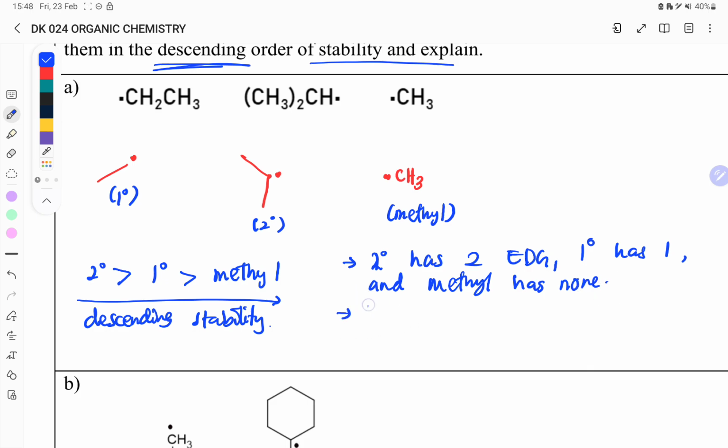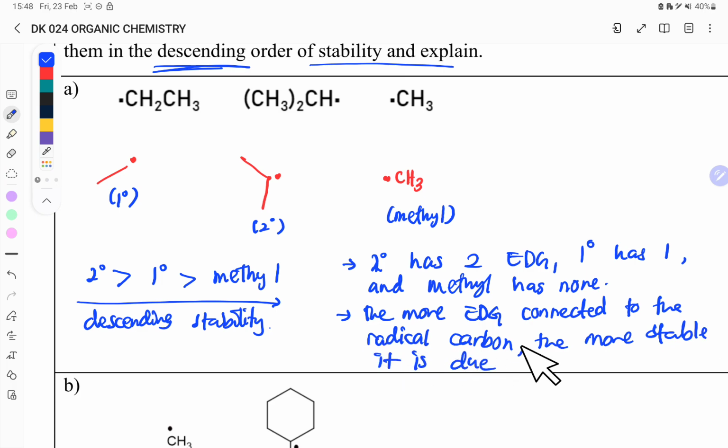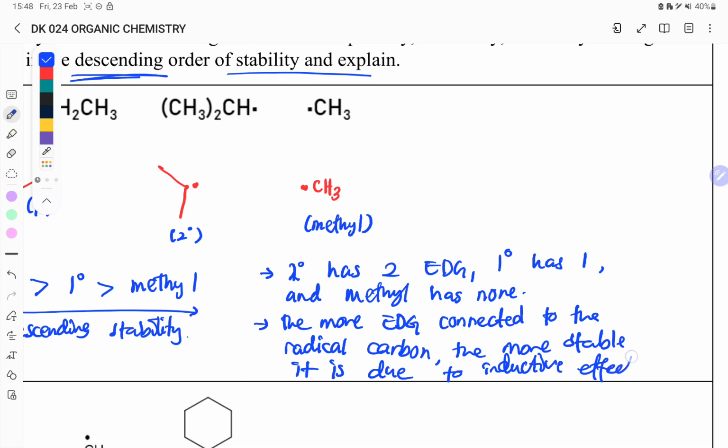The more EDG connected to the radical carbon, the more stable it is due to inductive effect.